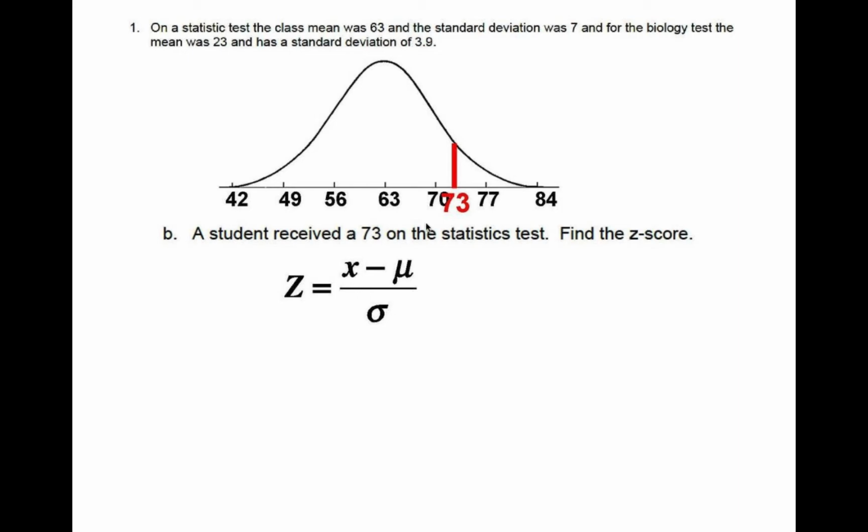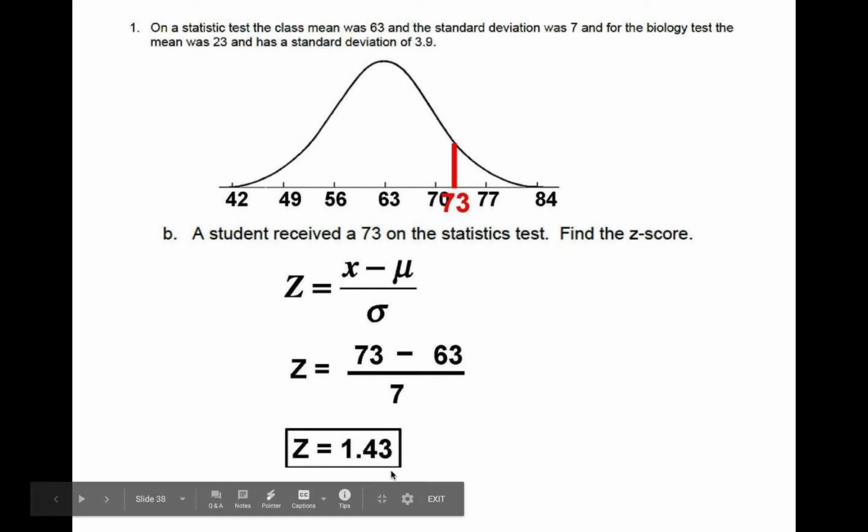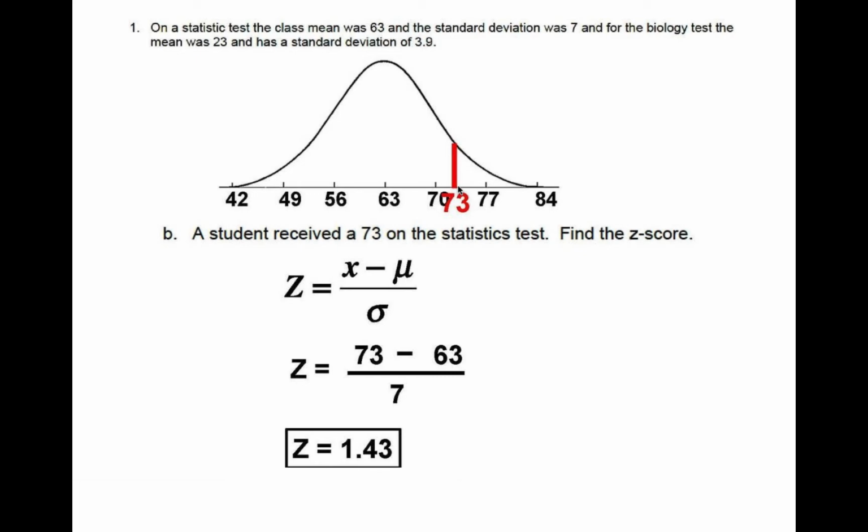So our x value is 73, our mean is 63, with a standard deviation of 7. So remember, you subtract on the top before you divide. So you do the top first. 73 minus 63 would give you 10. And then divide that by 7, you should get 1.43. So this is 1.43 standard deviations above the mean.